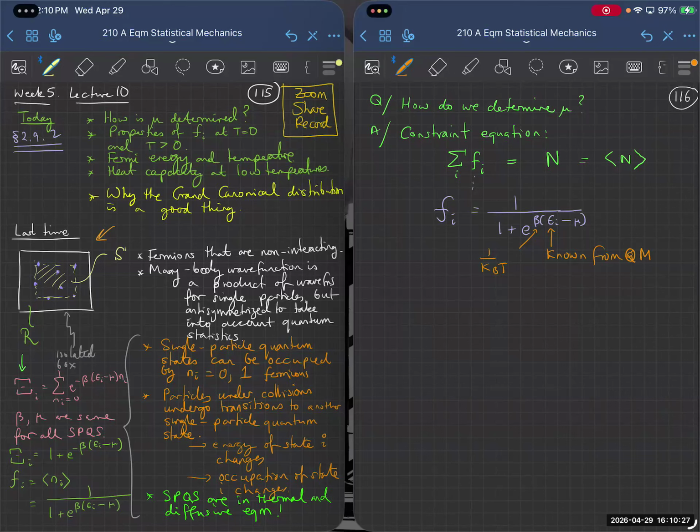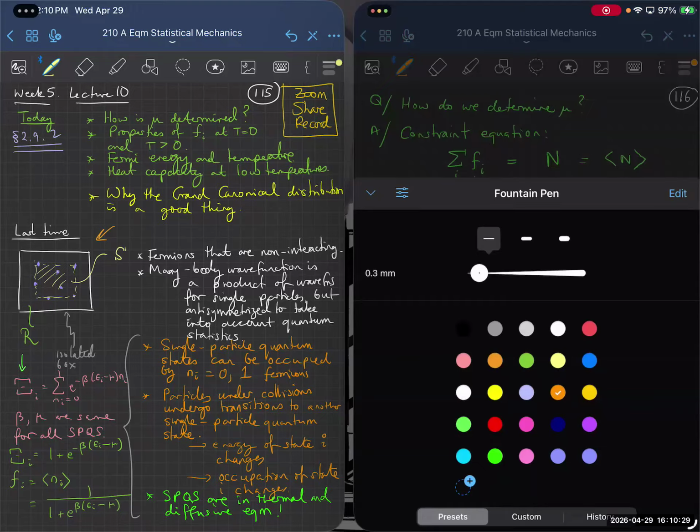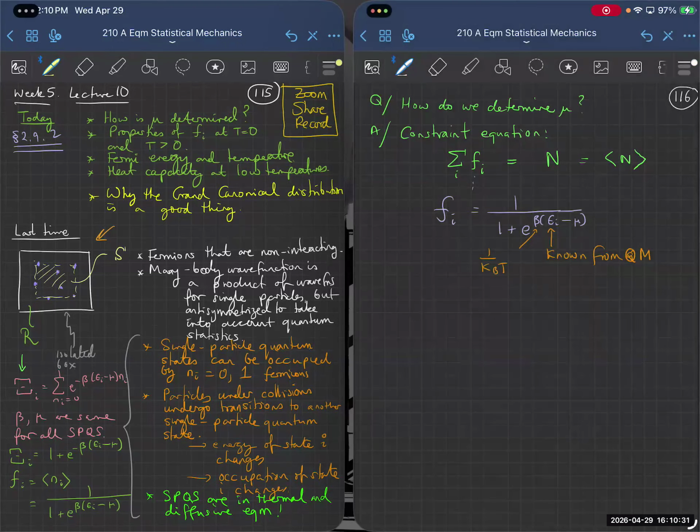So the point about the constraint equation is that this equation determines mu. And why does it?